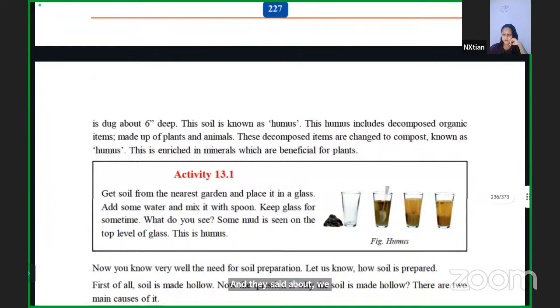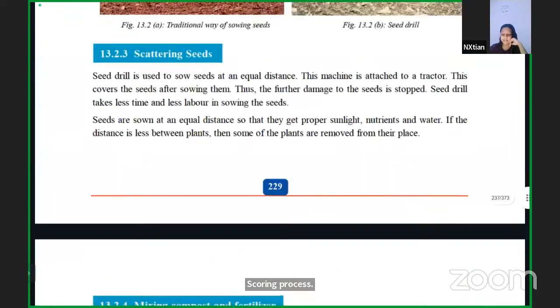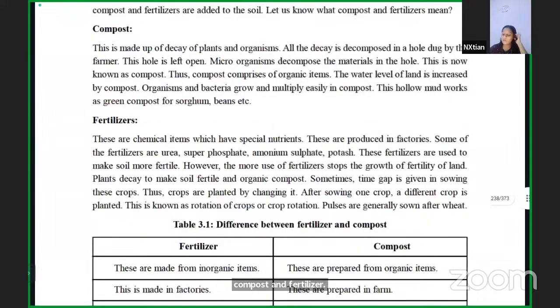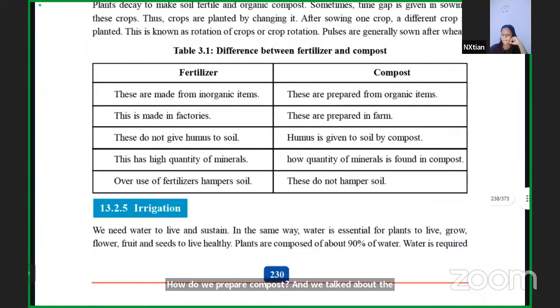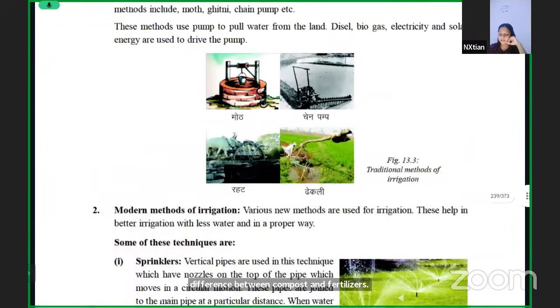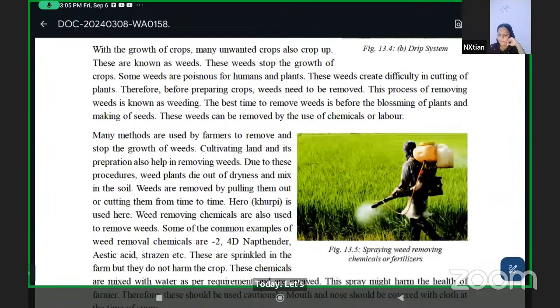Then we talked about the sowing process, then scattering the seeds, and then mixing the compost and fertilizer. How do we prepare compost? And we talked about the difference between compost and fertilizers. We also talked about irrigation and its methods. Today, let's learn about weeding and feeding process.